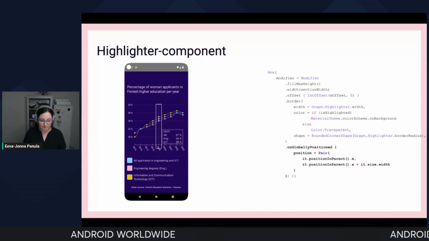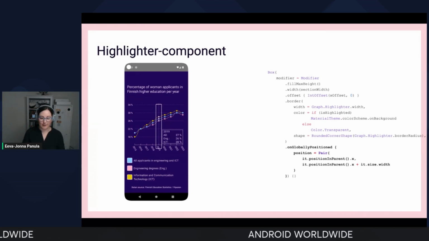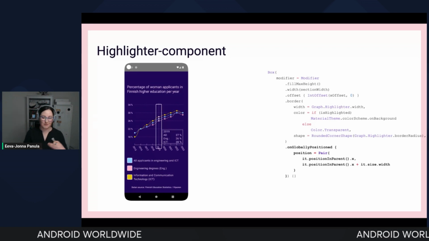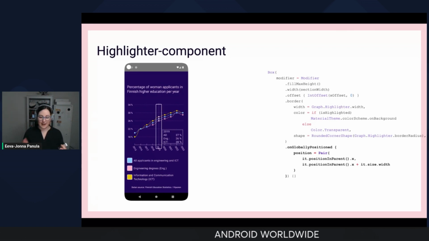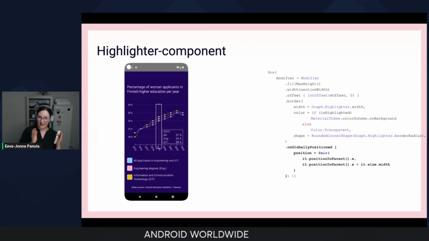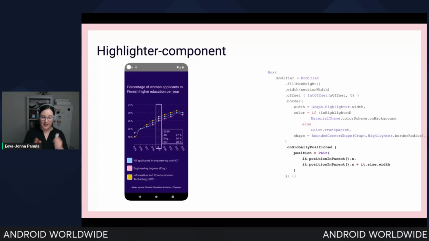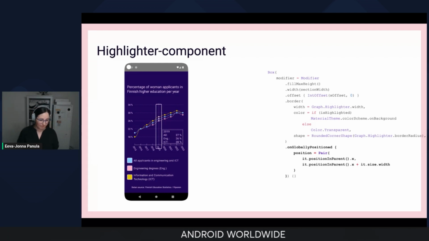So here we set the position to be a pair of two values. The first one would be the x value of the element, so the element's position in parent, and the second value would be that x value plus the width, so we get the start edge and end edge here. So yeah, that's what we do here.